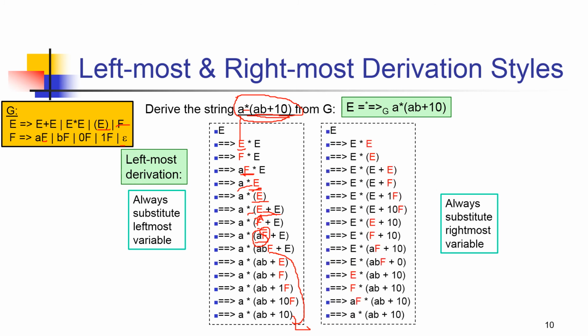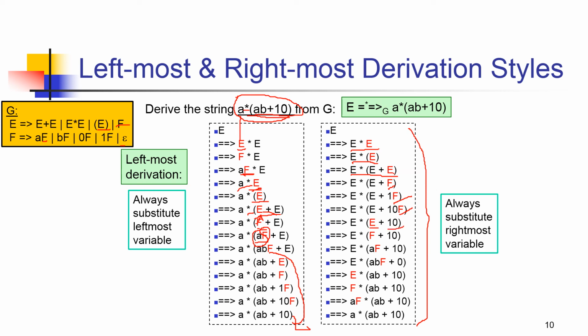Now similarly, here it is the rightmost. You can see whenever we are having two or more variables, what we had done is pick the rightmost variable first and try to convert it into terminal format.